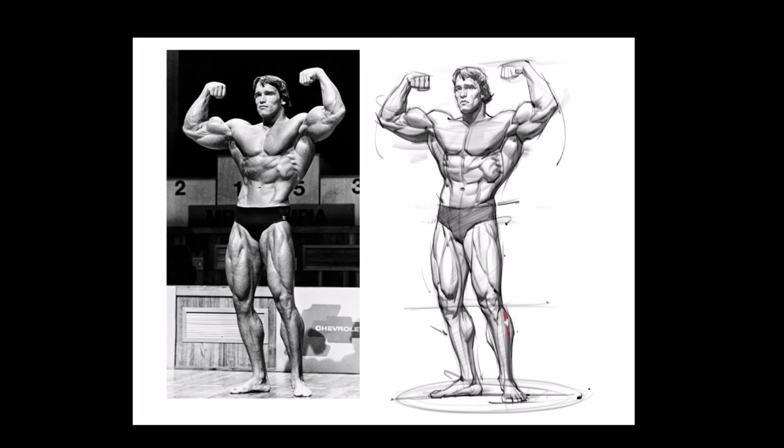And again, those peroneal muscles on the lateral side of the calf. The bicep muscles, and then underneath that you have the brachialis. The tricep muscles, these are the flexors, and on the outside we have the extensors of the forearm.